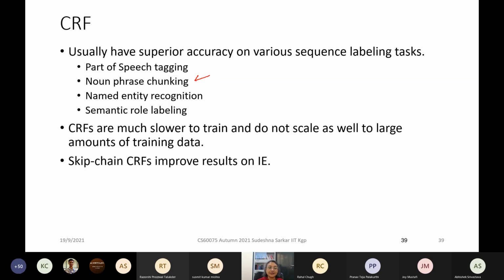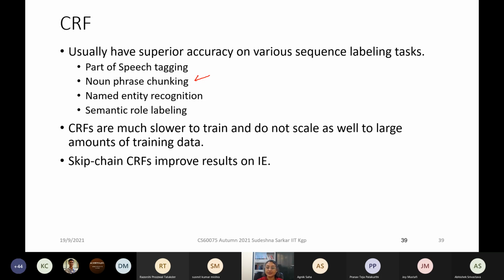semantic role labeling, etc. However, in general, CRFs are slower to train than HMM, but when we have linear chain CRFs, their training time is similar to the HMM training time. So we can put certain constraints on the form of the graph of the CRF.